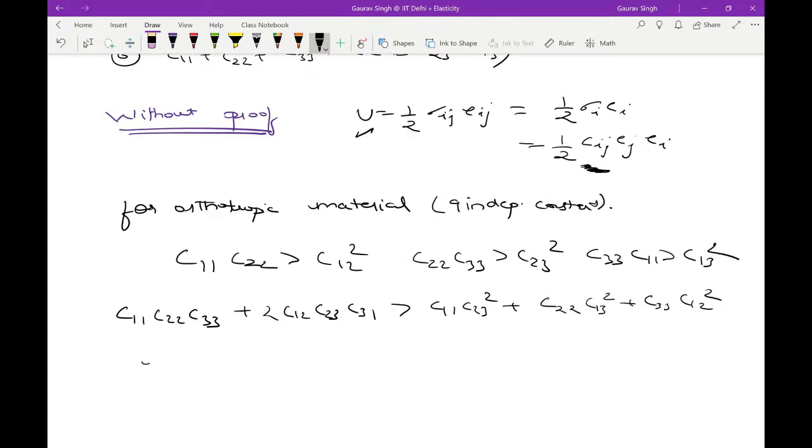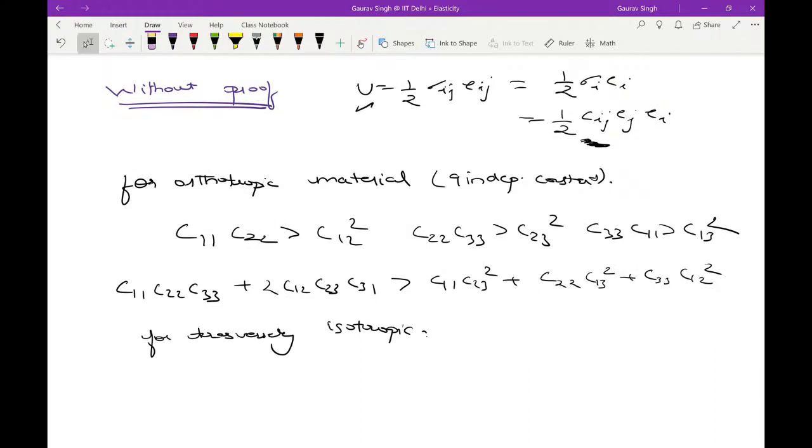Okay, for transversely isotropic, meaning you have angular isotropy about one particular axis, you would have 5 independent constants, and the same argument would throw up these relations.